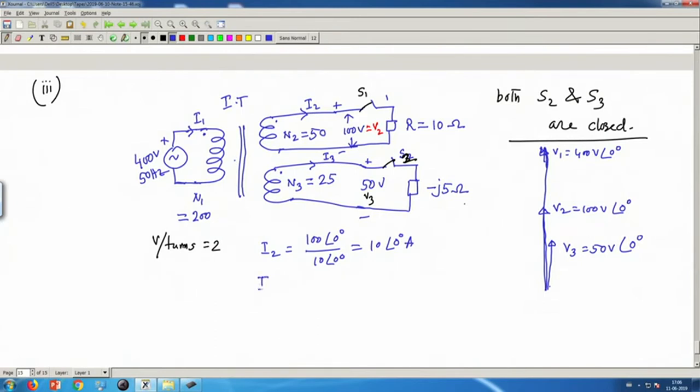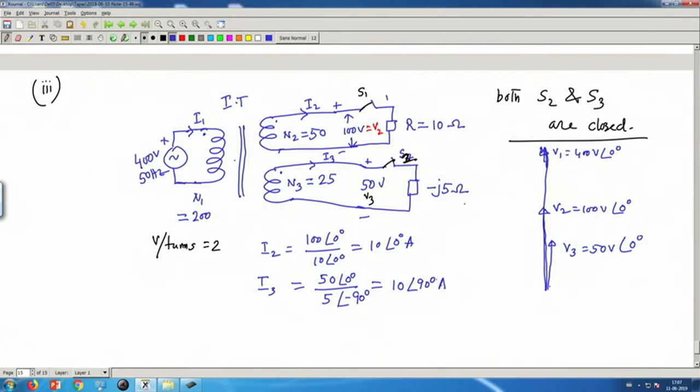I3 is equal to 50 angle 0 degree divided by 5 angle minus 90 degree, correct, which is equal to 10 angle 90 degree ampere. Both I 2 and I 3 are present.